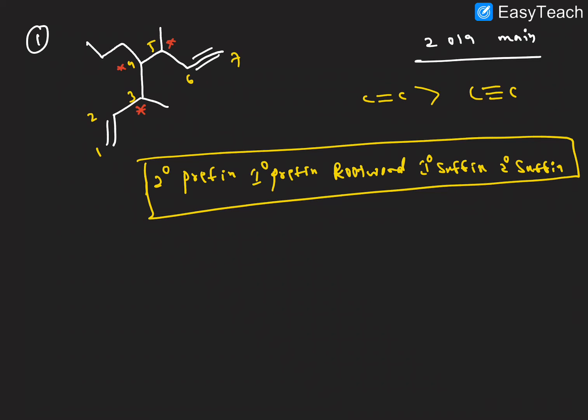Methyl is at 3 and 5, two methyls, so 3,5-dimethyl. The fourth place has propyl. The chain has 7 carbons, so hept. At the first place is ene, and the sixth place is yne.